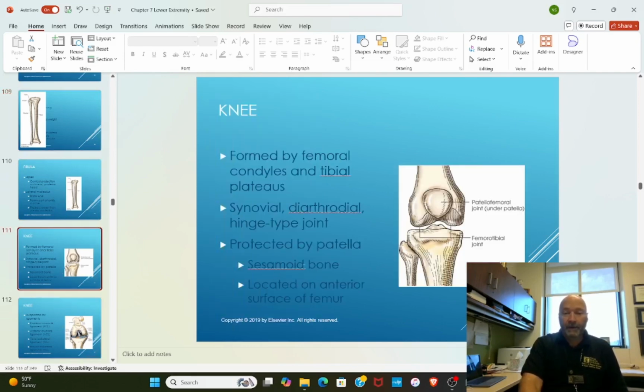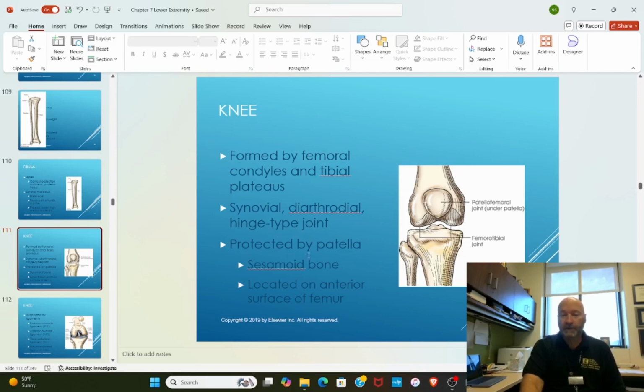All right, so then we get to the knee. In the knee we've got, of course, the distal portion of the femur, and condyles there that articulate with condyles on the tibial plateau, and that forms our femoral-tibial joint space. We've also got a patella, which is your kneecap, and we'll talk about that in a second.